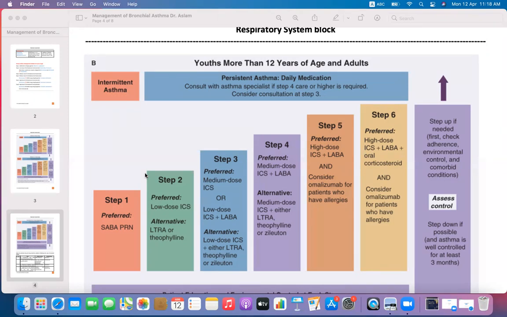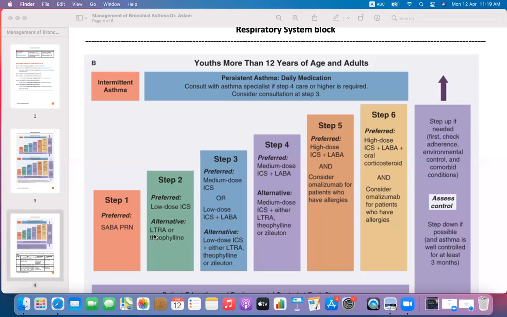Let us see what is the difference between the management of bronchial asthma in children more than 12 years of age and adults. For persistent asthma, the daily medications include step 2, which is preferred low dose inhalational corticosteroids, that is fluticasone or budesonide.